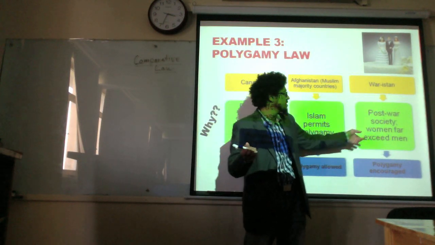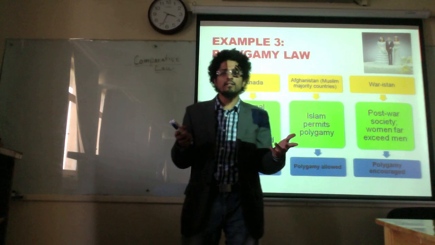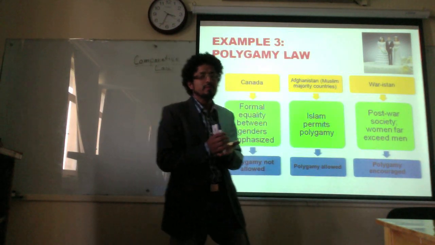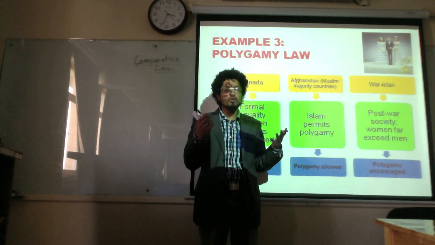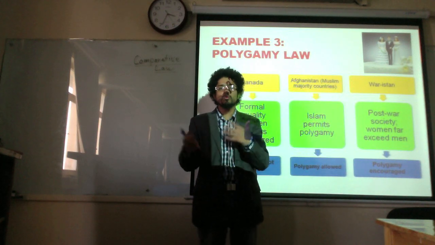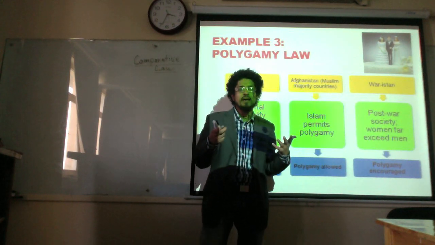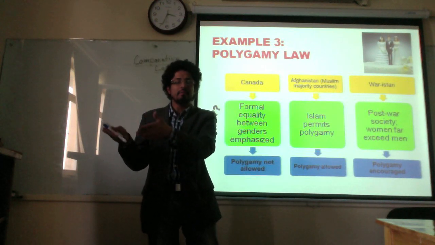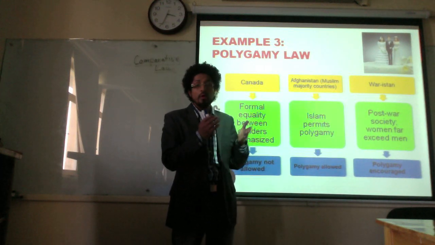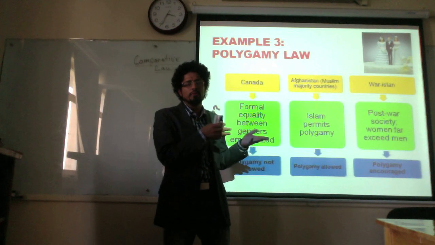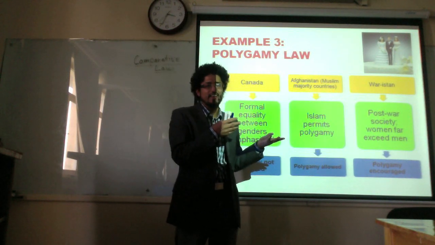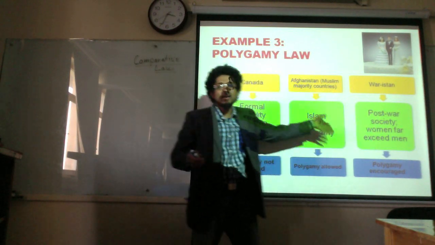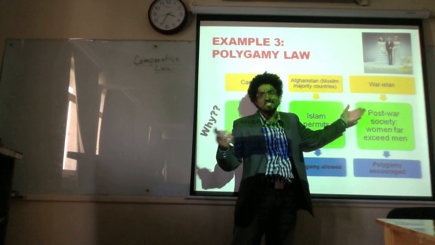They permit a male to have more than one wife, so that this post-war situation can be dealt with, and so women can have certain rights accorded by the law, accorded by marriage, in a setting where women far exceed men because of the outcome of war, and a lot of men dying in that. This is just a fictitious example, and even a fictitious reason, because it's a fictitious country.